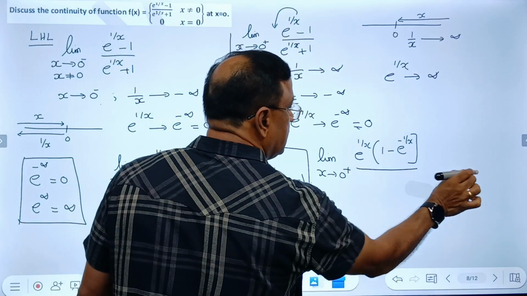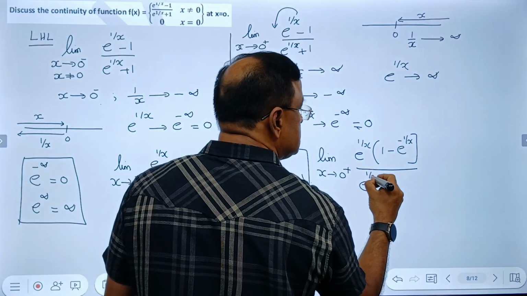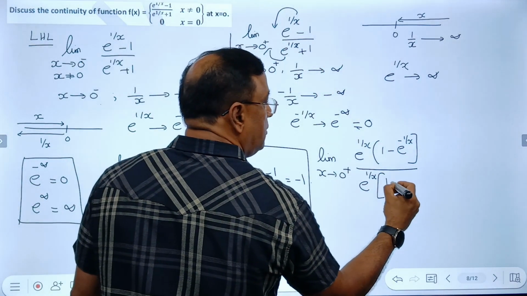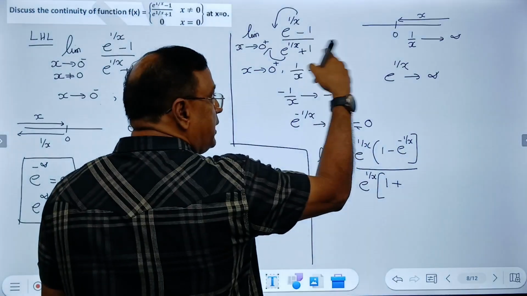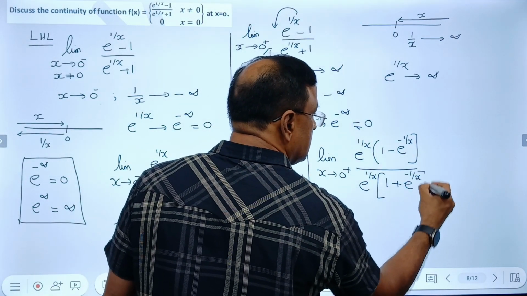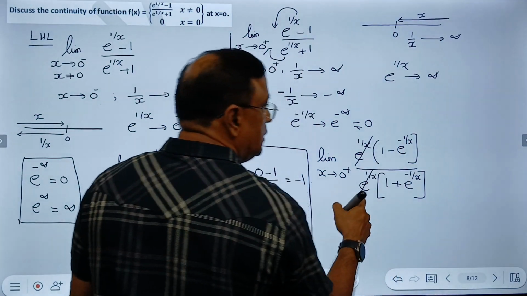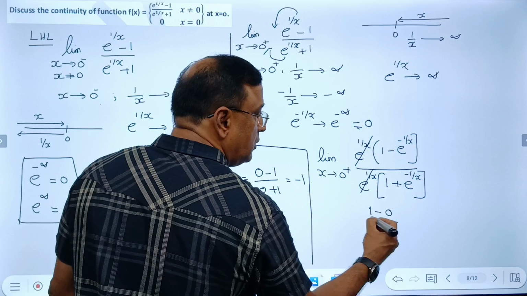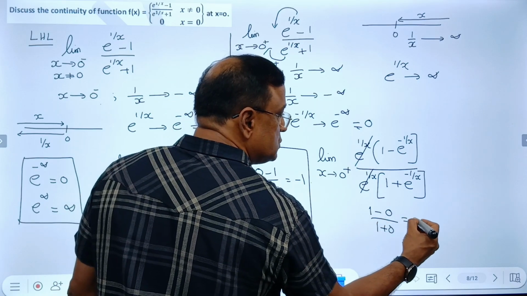Now from the denominator, I take e power 1 by x out. So what do I get? You get 1 plus 1 by e power 1 by x, which is e power minus 1 by x. So they get cancelled. Now you know e power minus 1 by x is 0. You get 1 minus 0 by 1 plus 0, which is 1.